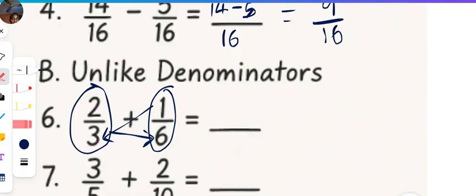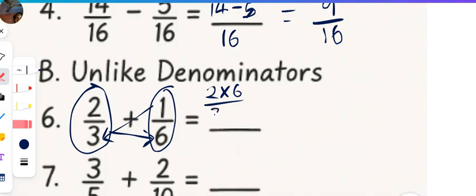So let's do it. This is 2 times 6, because it's 2 of that first fraction. 2 times 6 all over 3 times the same 6.